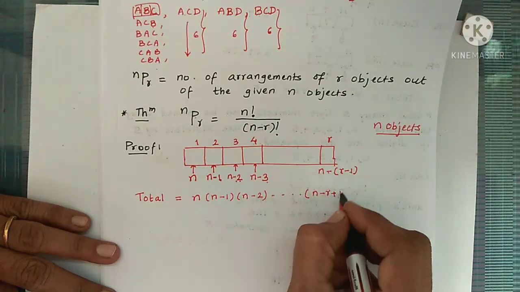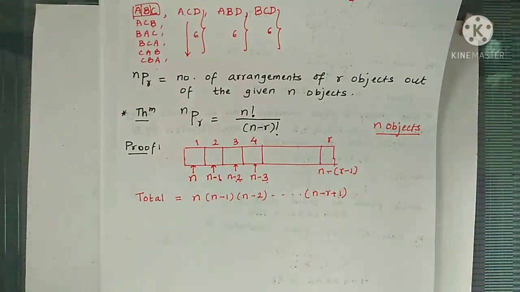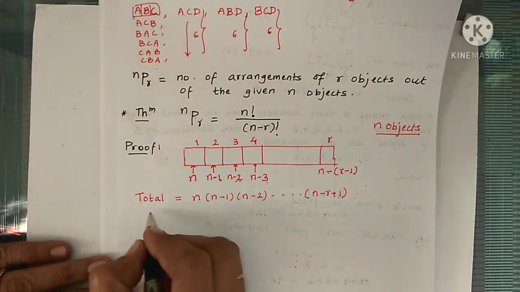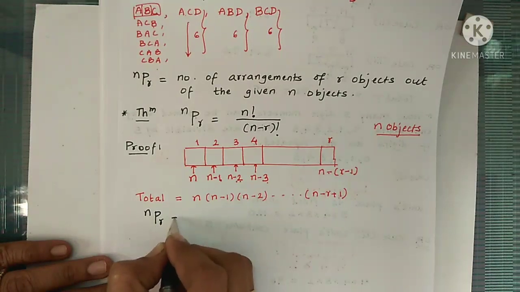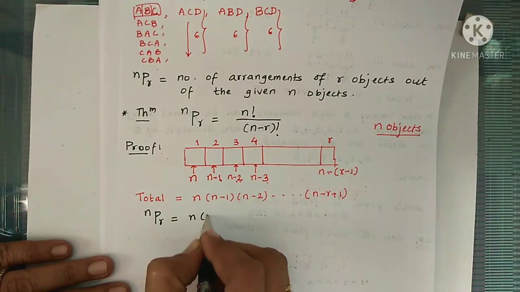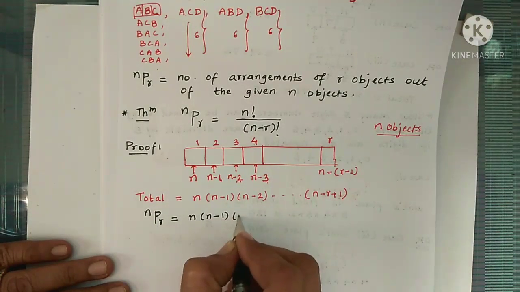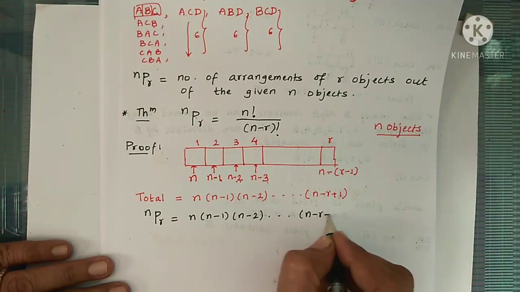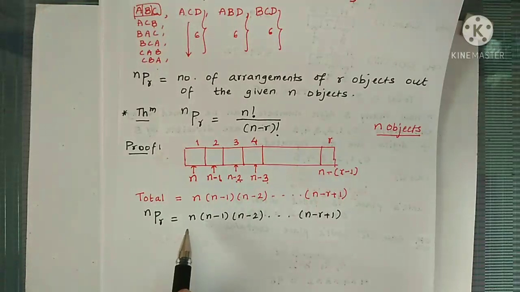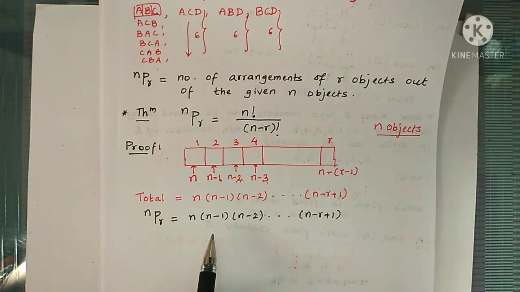It is n minus r plus 1. Okay, so this is nPr. The total is nPr. So nPr is n, n minus 1, n minus 2. See, subtracting 1 from the previous number, we are getting the next number.